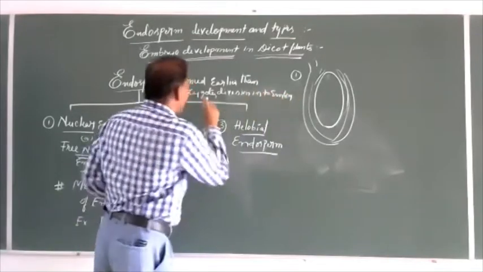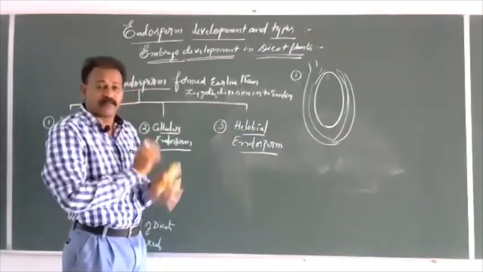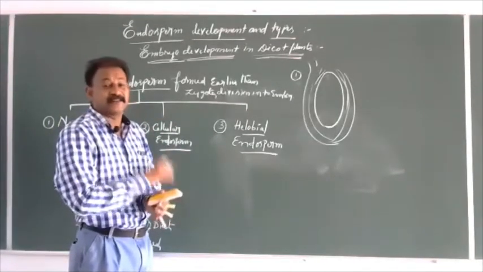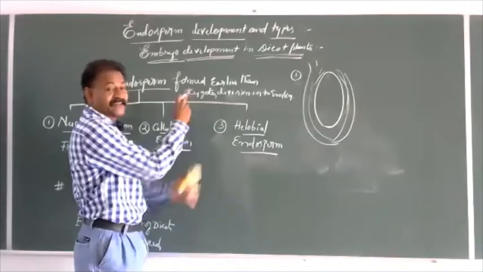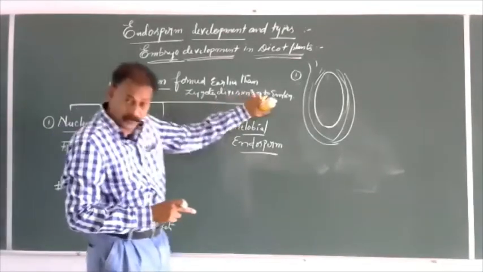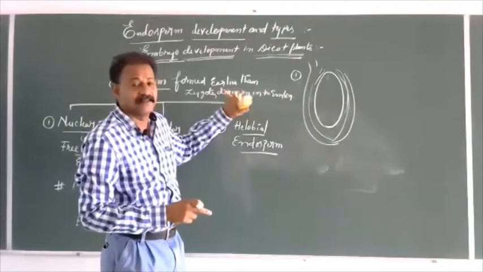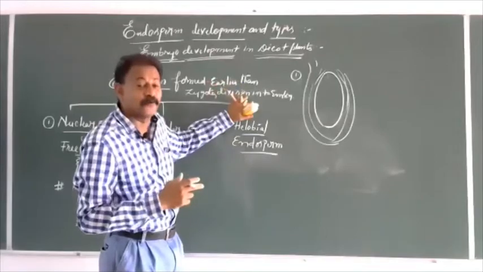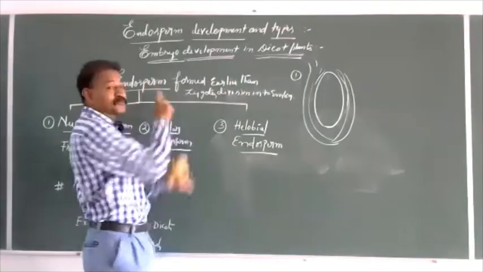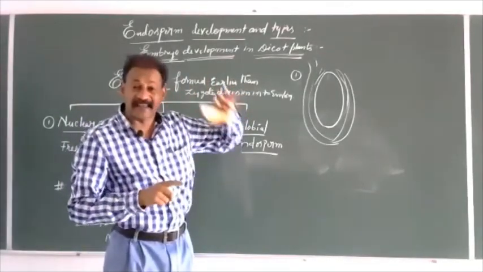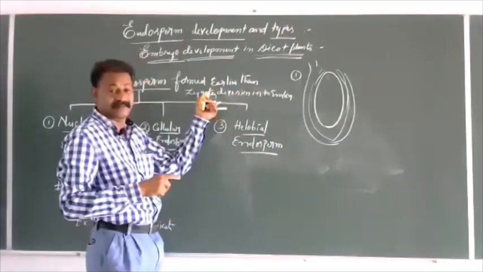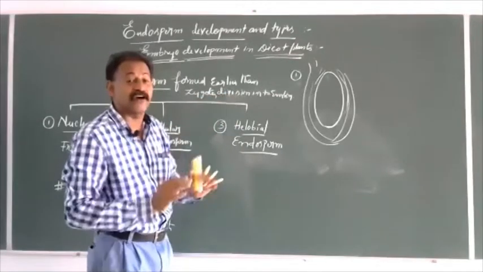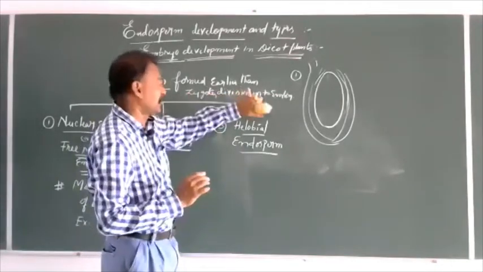So if zygote wants to divide to become embryo, it requires food material, energy, nutrition. So for its successful divisions to develop into embryo, it requires energy, that is food or nutrition. That nutrition is supplied by endosperm. So endosperm is formed earlier than zygotic divisions because there is a guarantee or assurance of providing nutrition to the developing embryo.